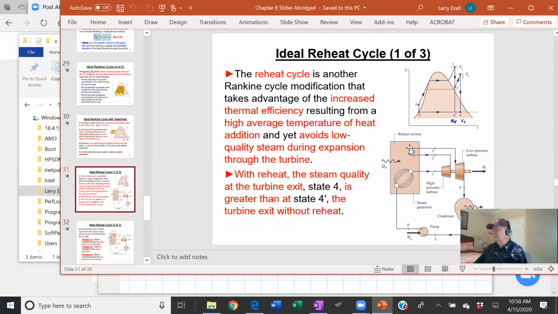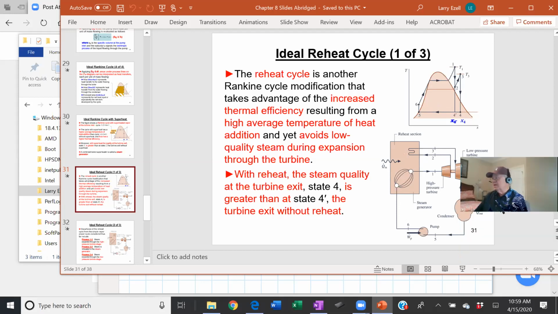You heat it back up again to about the same temperature, but the pressure is absolutely lower, 40 bar. You heat it up approaching the same temperature, T1 to T3, and then you go through another turbine, a low pressure turbine. Experience has shown that separating these out gives you the best performance. Then you go through the condenser and then through the pump, and so on.